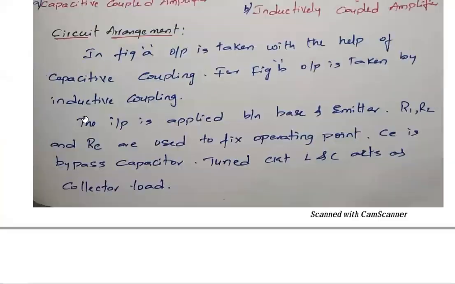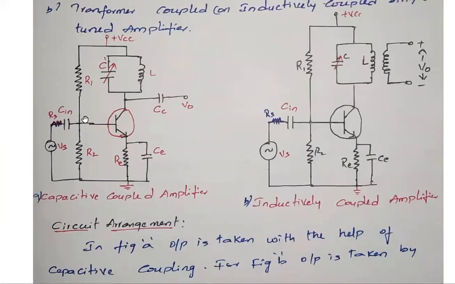ఈ సర్క్యూట్ మీరు రిమెంబర్ చేసుకుంటూ వెరిఫై చేయండి. You have to verify this circuit. ఈ సర్క్యూట్ వైట్ పేపర్ మీద డ్రా చేసుకొని try to verify the circuit. Okay, we are taking the single stage RC, that is, we are taking the output across the collector either by using inductively coupled or capacitively coupled.